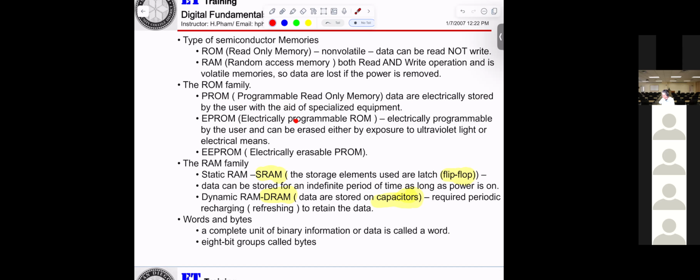EEPROM, electrically erasable programmable ROM, is electrically programmable by the user and can be erased either by exposure to ultraviolet light or electrically.